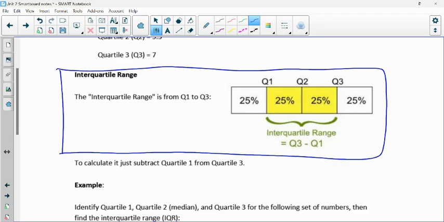Interquartile range is a vocab word. Range means highest minus lowest. So when we say interquartile range, it just means the range of the quartiles. So IQR is abbreviation for interquartile range, and it means taking your Q3 minus your Q1. So interquartile range is Q3 minus Q1.